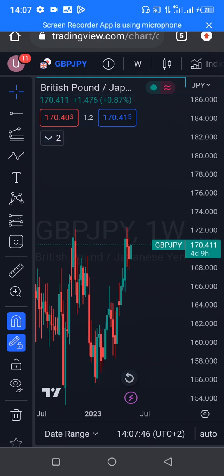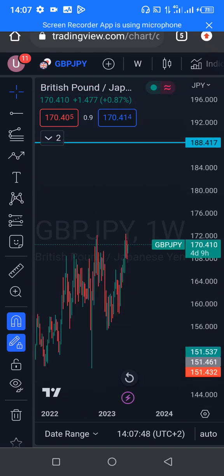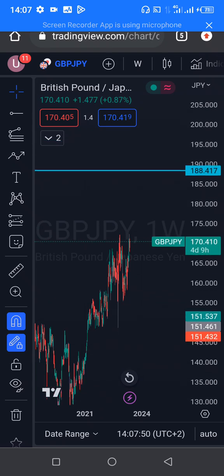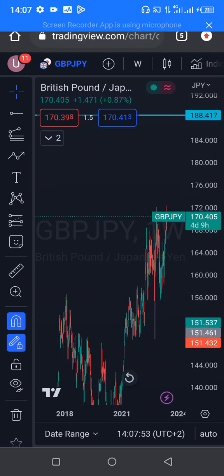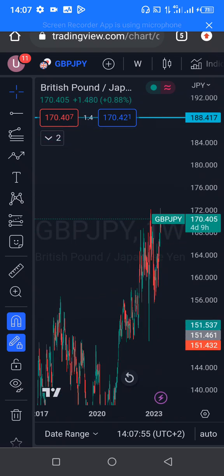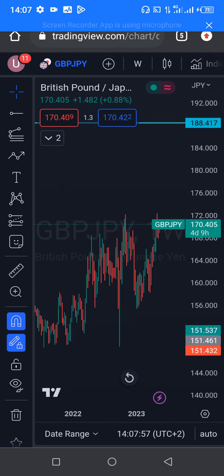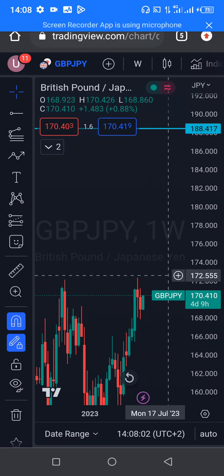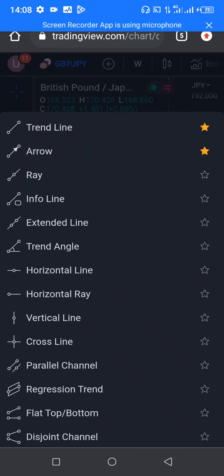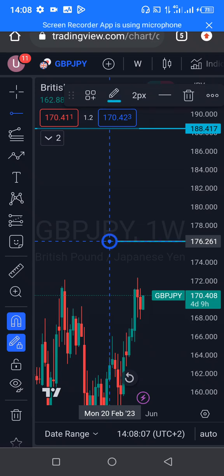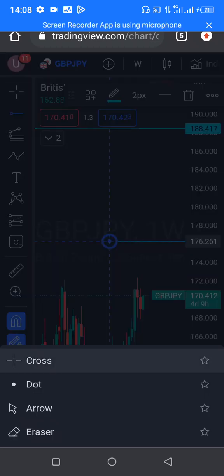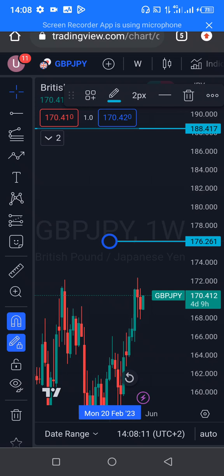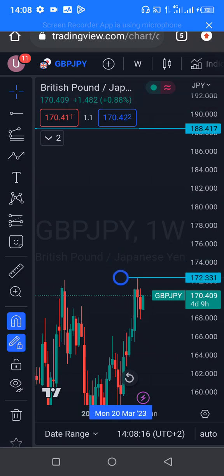So we are going to look for buying setups here, buying setups up to this point here, up to here.